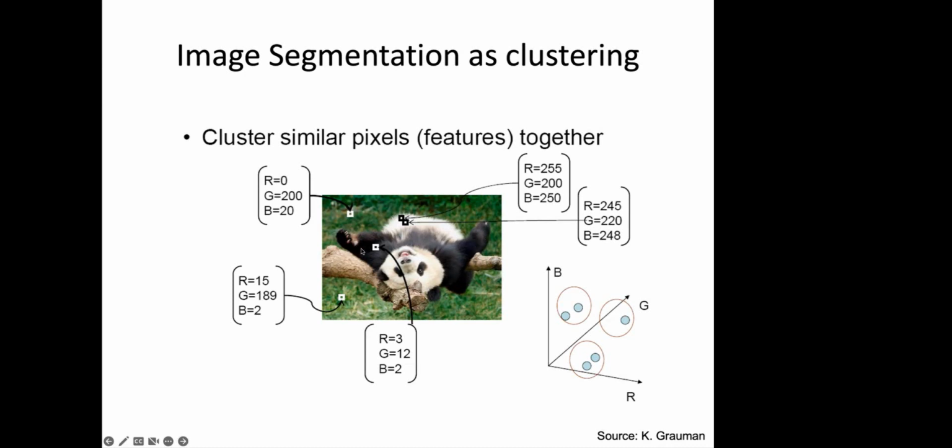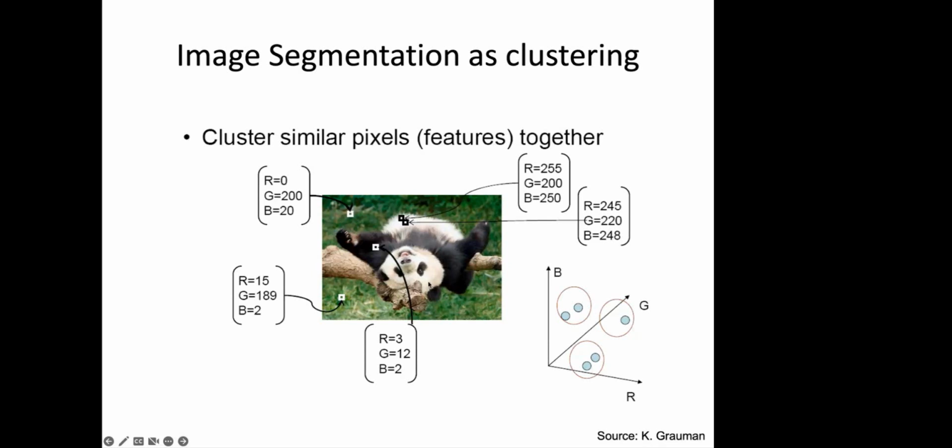The black part here also probably belongs to the same regions because all the pixels are black, and so forth. Now, we should keep in mind that here we are not trying to label the pixels with some semantic label. We are not trying to say that these pixels are grass pixels.